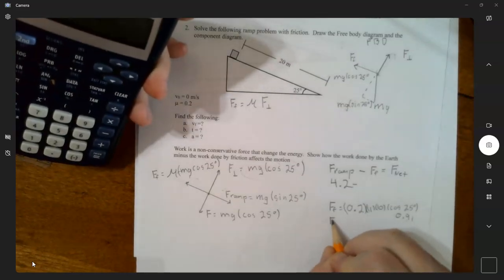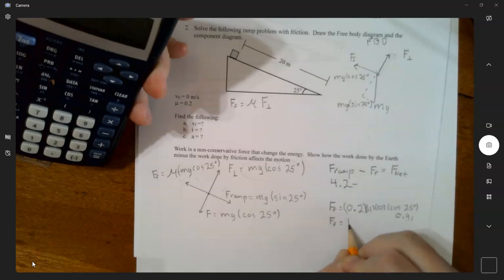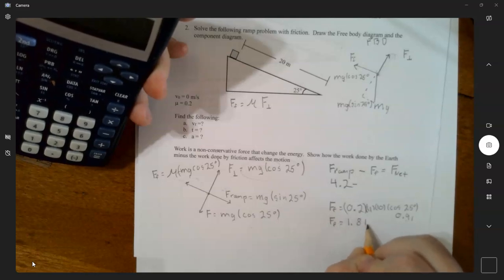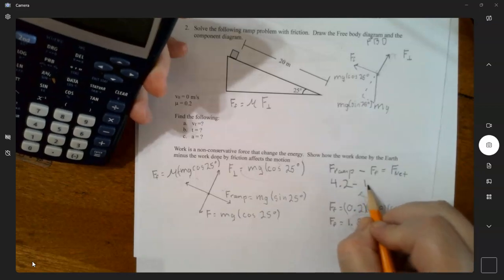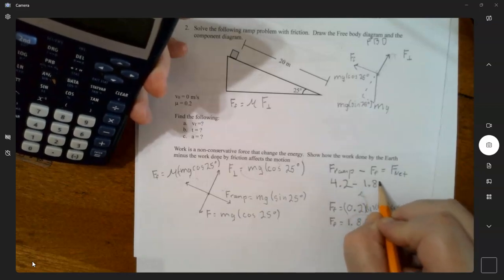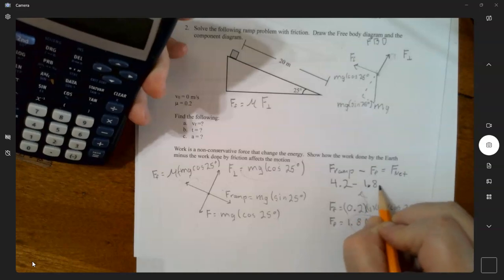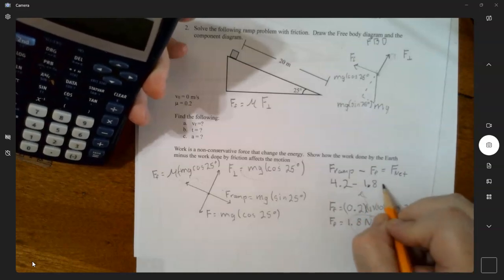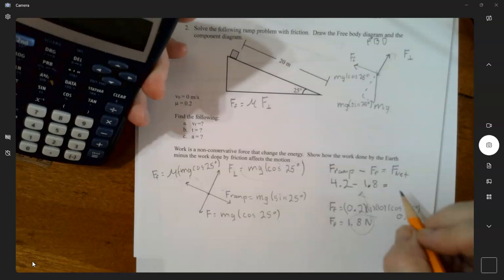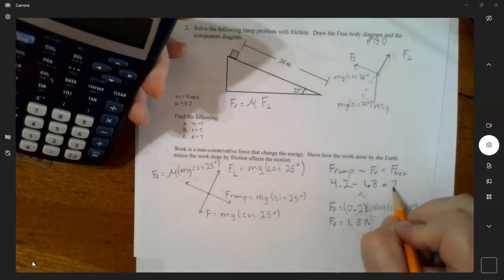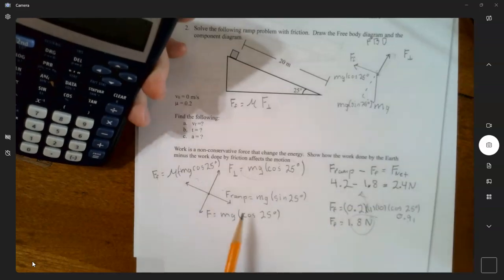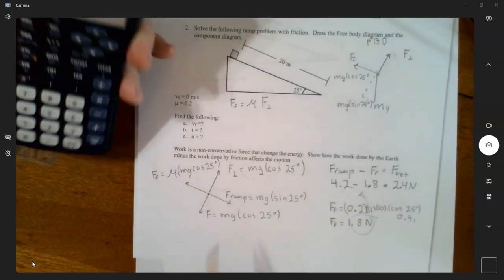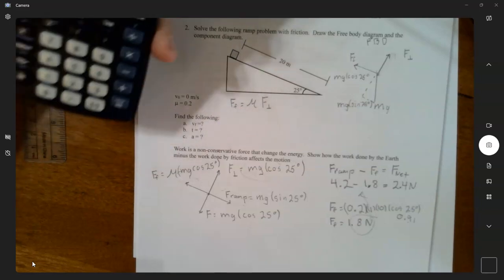We get the friction force of 1.82 newtons. So we're going to bring that number up here and subtract it. About 1.8. That gives us 2.4 newtons pointing down. Okay, so that's the amount of force that's actually taking us down the ramp.